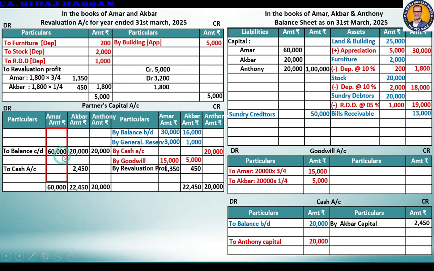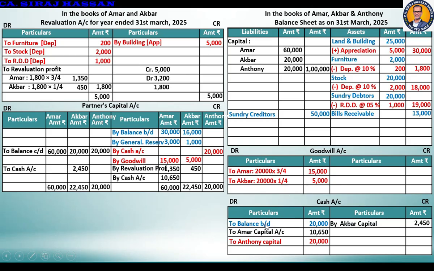Then when I go to Amar, debit side total is 60,000. Here the debit side total is more and credit side total is 49,350. So there is a deficit of 10,650. So Amar will bring 10,650.